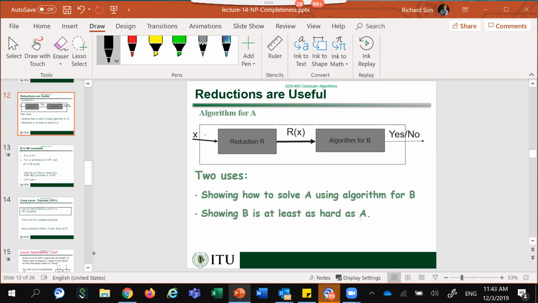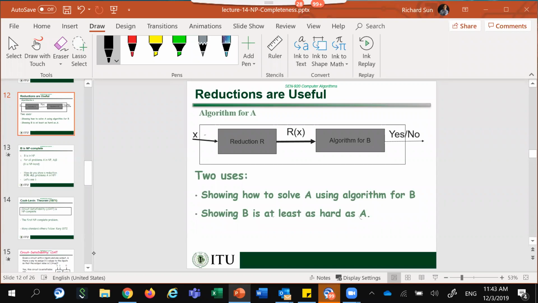So there are two ways to look at this polynomial time reduction. The first way is that if B is polynomial time solvable, A is also polynomial time solvable. You consider B a harder problem than A, or at least as hard as A, so if the harder problem is already solvable, then the easier problem is also solvable.